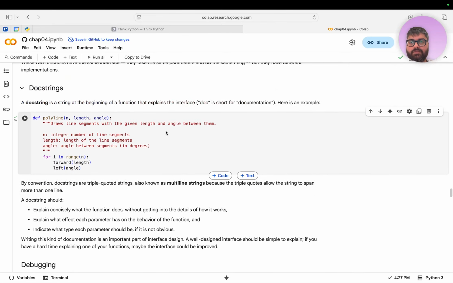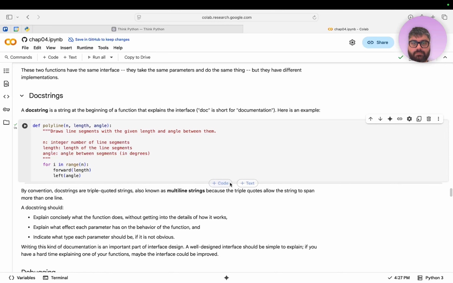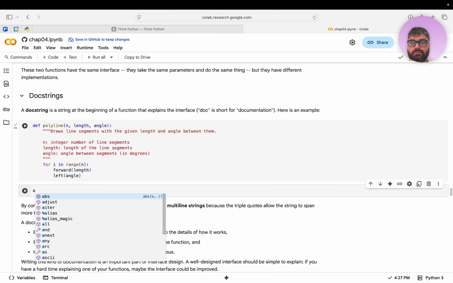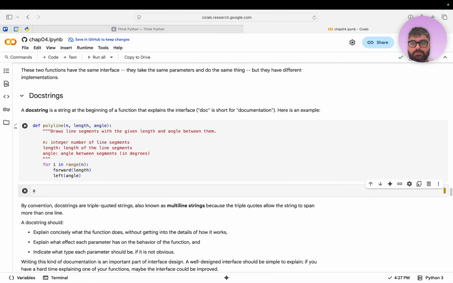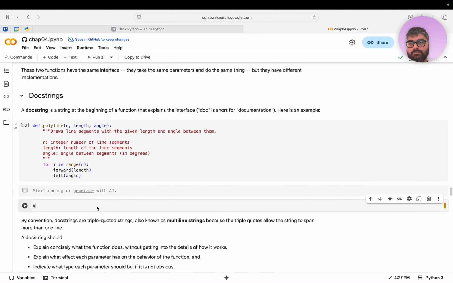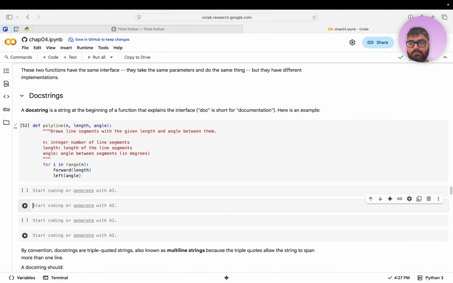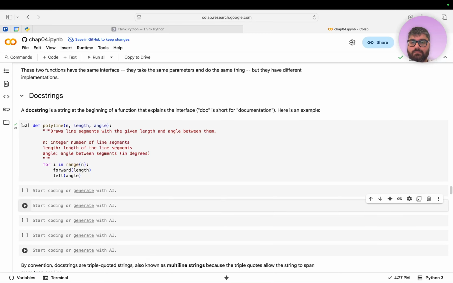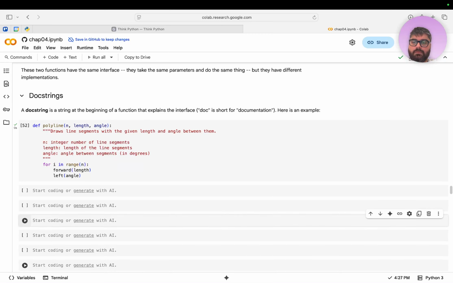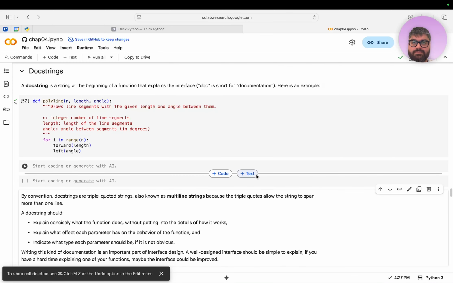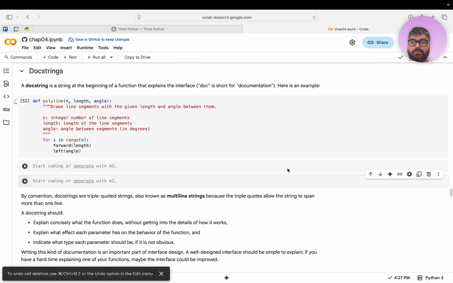So for example, if underneath here I do a code cell, okay, I was just trying to see if Google Colab had similar Jupyter Notebook things.